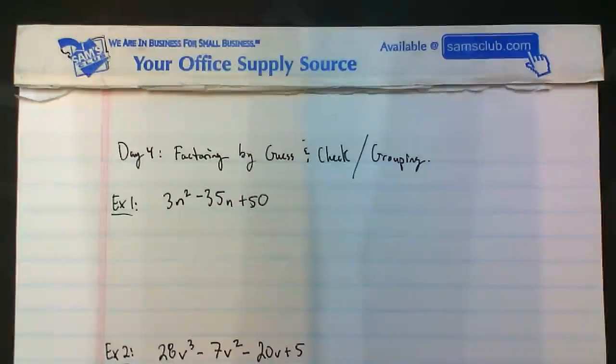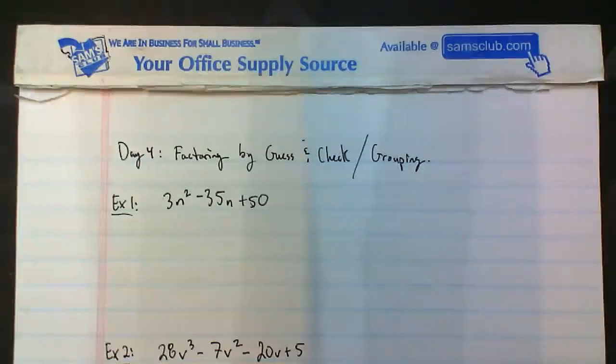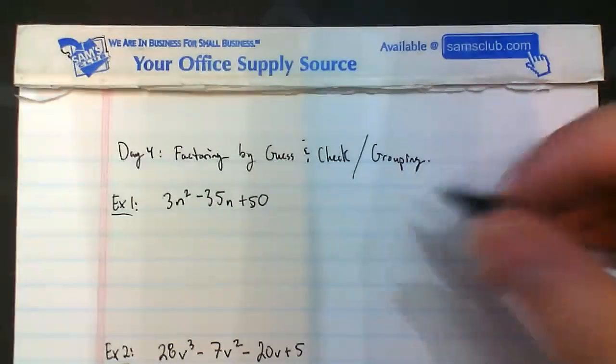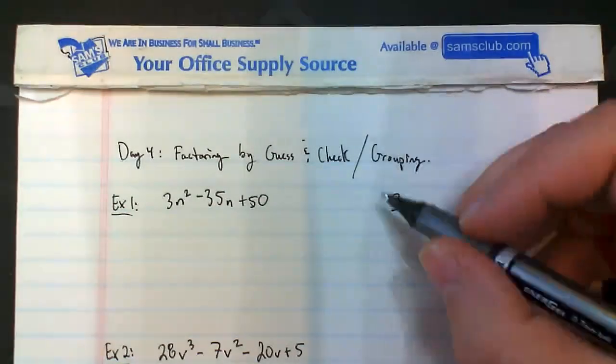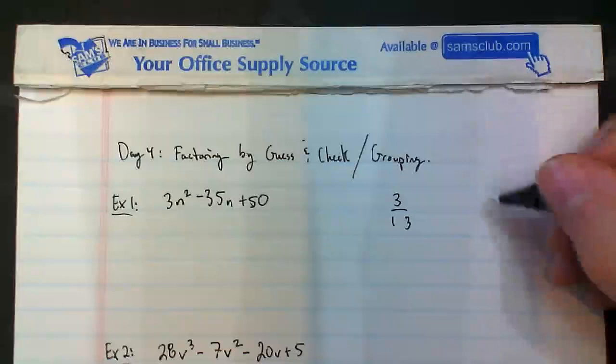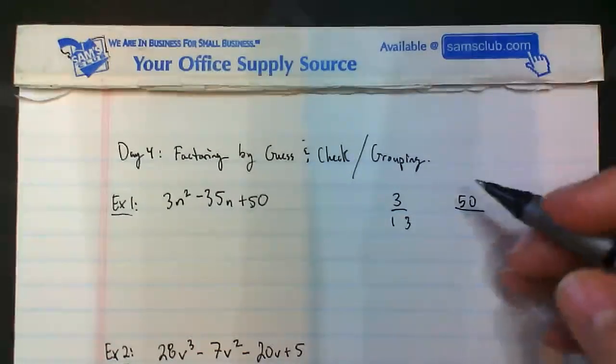When I'm thinking about factoring these, I usually find the factors of the leading term and the last term, and I look for the ones that help me make the middle term. Now, the number 3 has two factors, 1 and 3, and 50 has several.